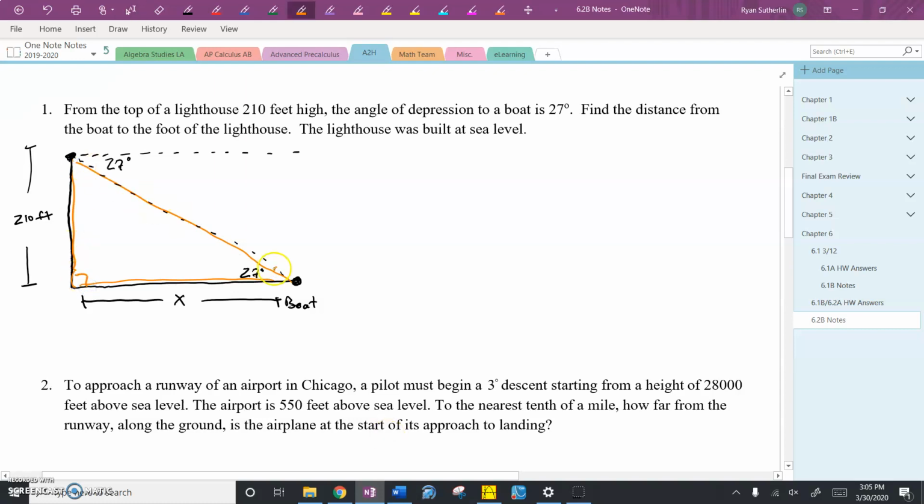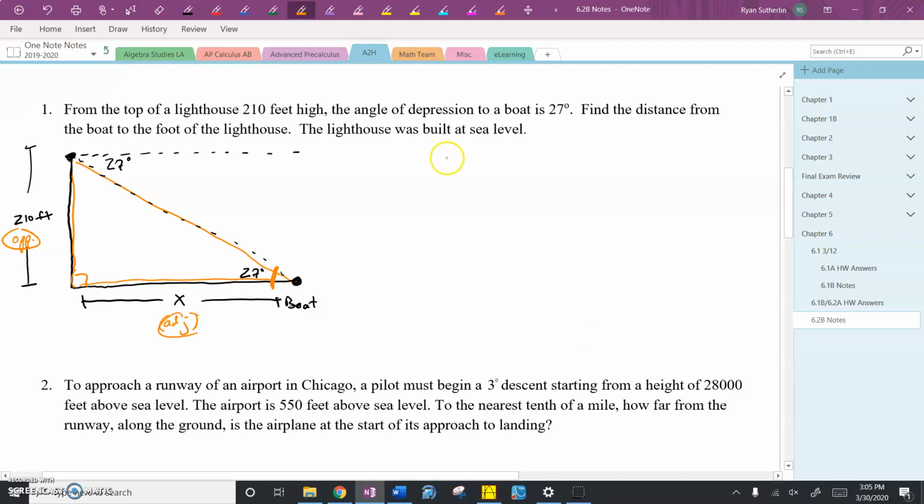Now, with this triangle here, we're given the angle 27 degrees. We know the side that is opposite is 210, and we're trying to find the side that is adjacent. So, which trig ratio relates the opposite side to the adjacent side? That is tangent.